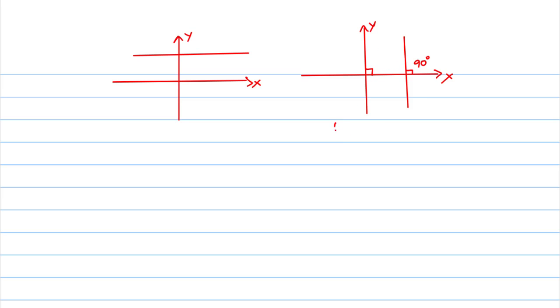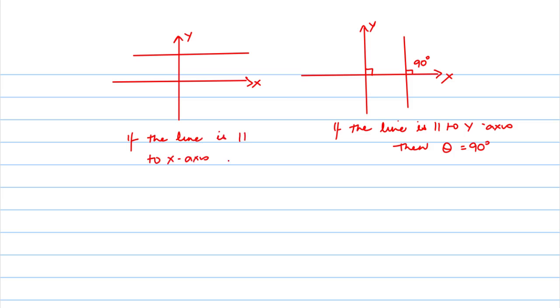Therefore, if the line is parallel to the y-axis, then the angle of inclination, represented by theta, is 90 degrees. And if the line is parallel to the x-axis, then the angle would be 0 degrees.